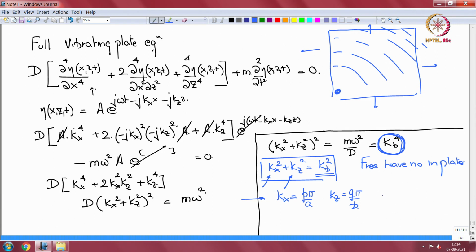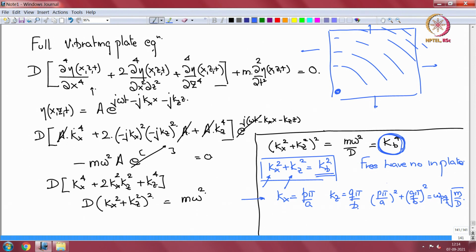Then (pπ/a)² plus (qπ/b)² is equal to ω_pq times square root of m by D. This is also true.